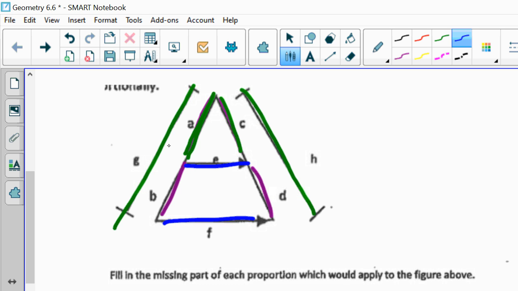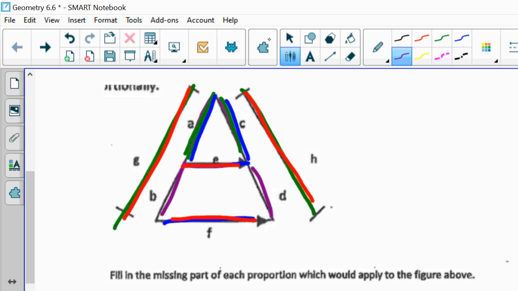So E proportional to F is going to equal A proportional to, well, this side, C. The next one, again, if E is proportional to F, but this time what over H? So over that whole side, well, what would this whole side be on this one? G.